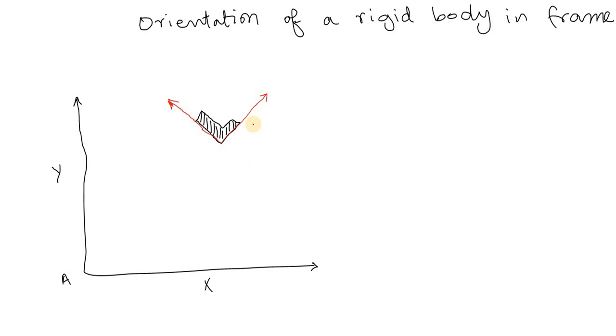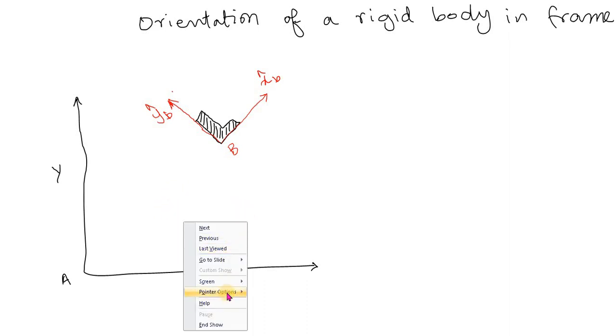This one is x of B hat, a unit vector, so its value is 1, and then we also have y of B hat. Similarly, this one we call A, and this is also a unit vector.